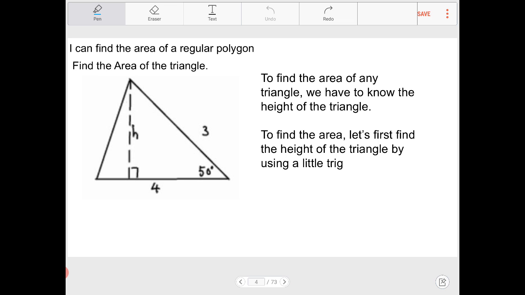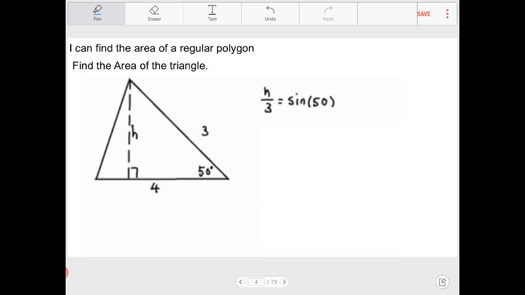We have this right triangle, so we can set up a sine relationship, because I know that h is opposite the 50 degree angle, and 3 is the hypotenuse. So h over 3 is equal to sine of 50, and I can solve for h. h is equal to 3 sine 50.